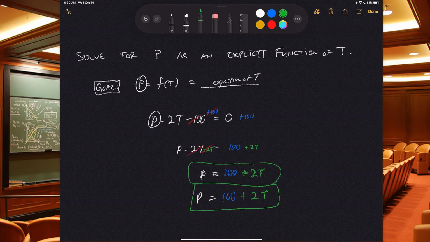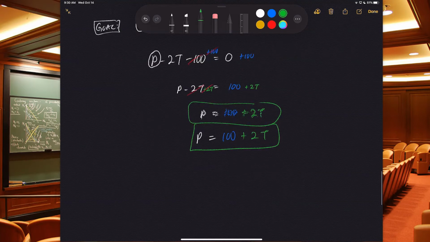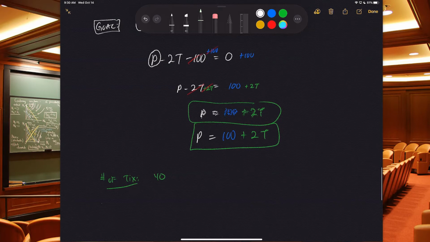So if the number of tickets sold was, let's say, 40, then I know the amount of money made is a function of 40 tickets sold, which is 100 plus 2 times 40, right, which comes from right here.